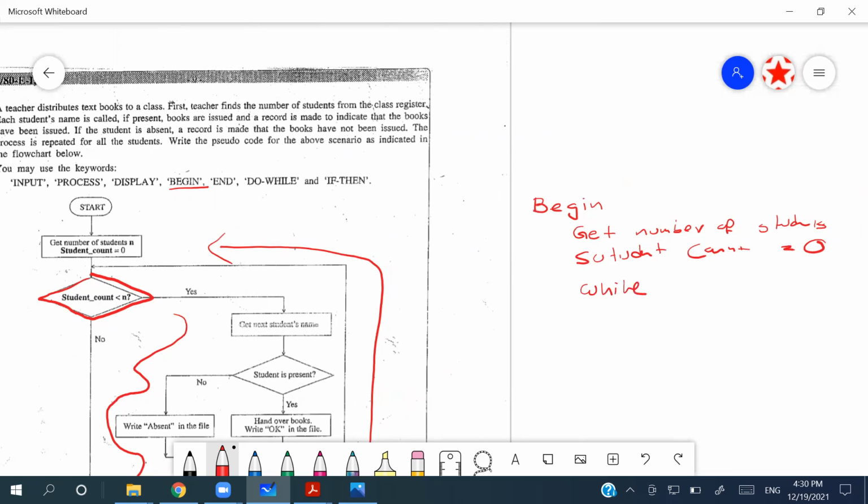But if you use while, remember, now this is iterating on the no path. So we have to flip the condition to maintain the logic, right? So you have to say while student count, they say less than n, the complete opposite of this, larger than or equal n.